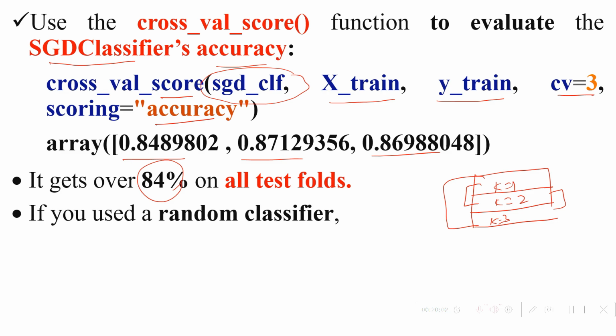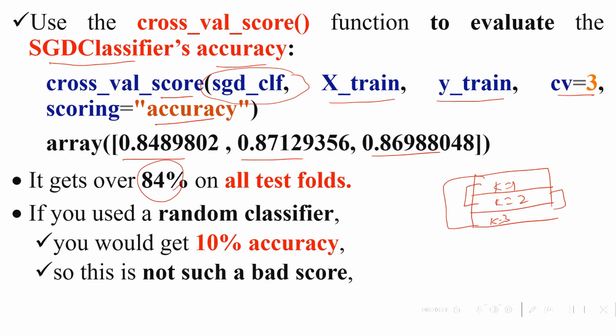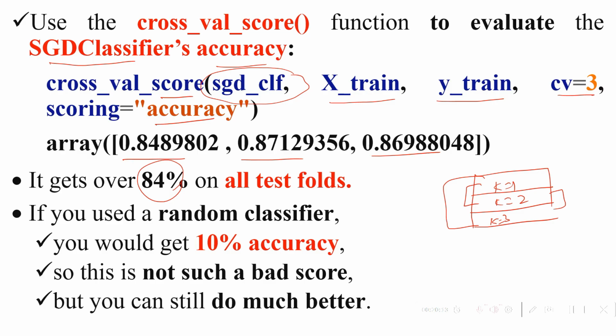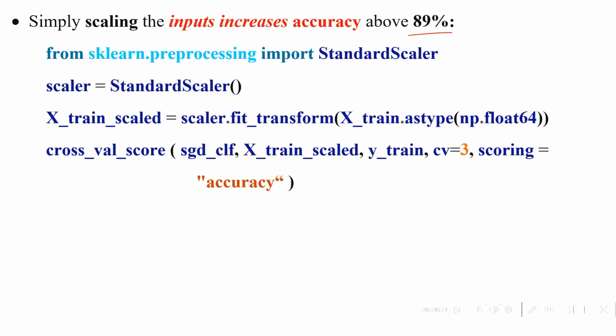If you use a random classifier, you will get about 10% accuracy, so this is not such a bad score, but you can still do much better. Simply scaling the input increases accuracy to about 89%. From sklearn.preprocessing we import StandardScaler.